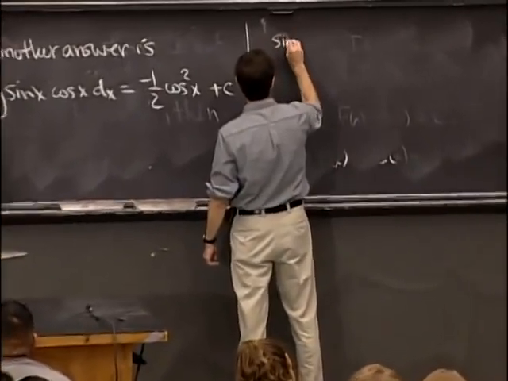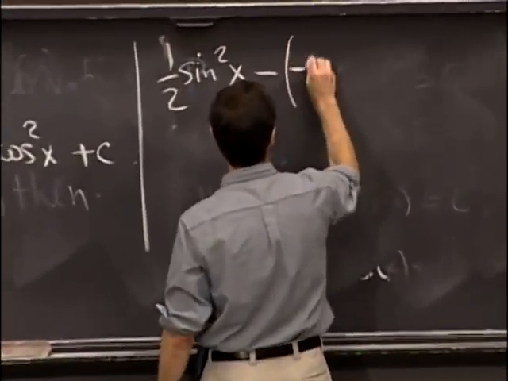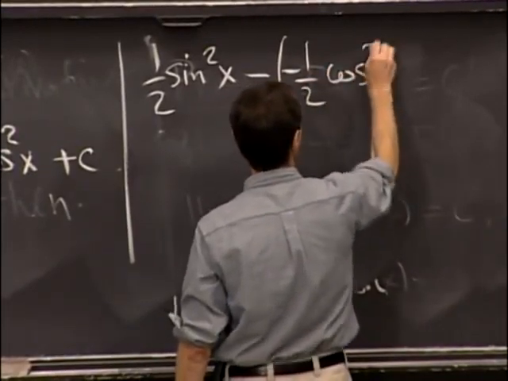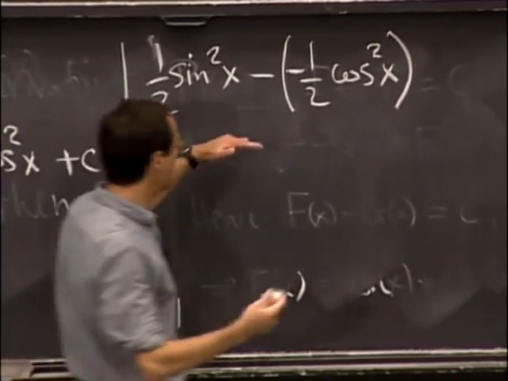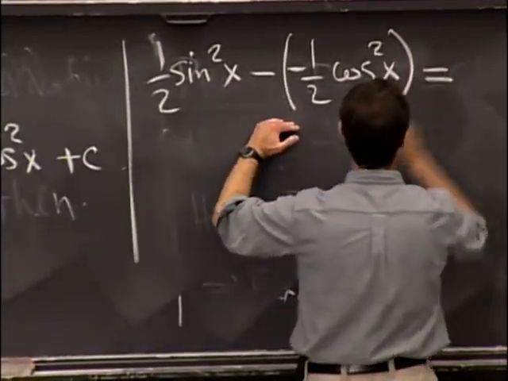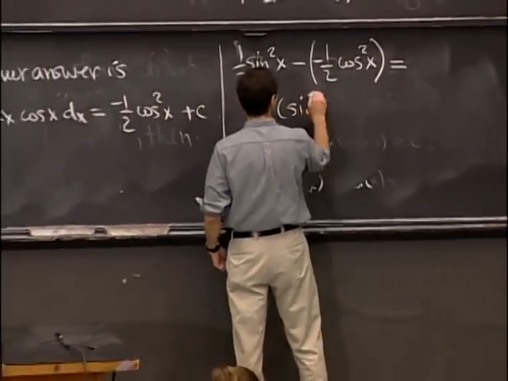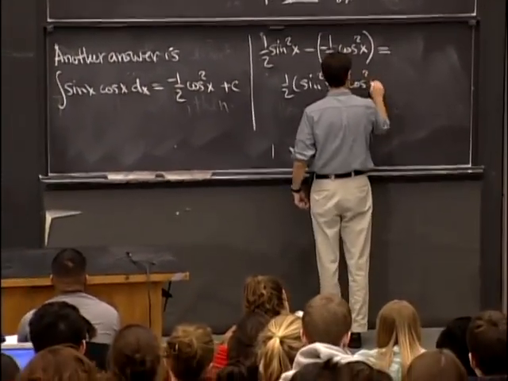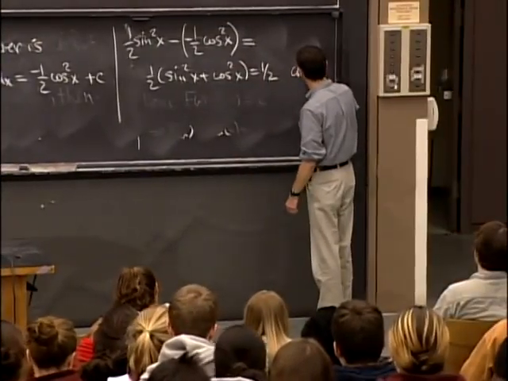I get a half sine squared x minus a half cosine squared x. So the difference between them, we hope to be 0, but actually, of course, it's not 0. What it is is a half times sine squared plus cosine squared, which is a half. It's not 0, it's a constant.